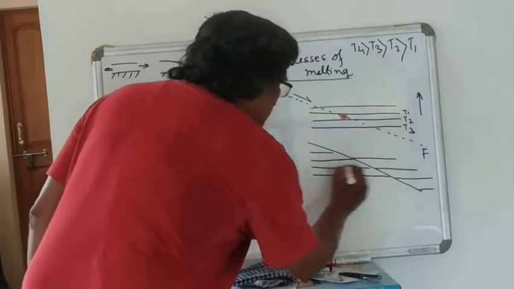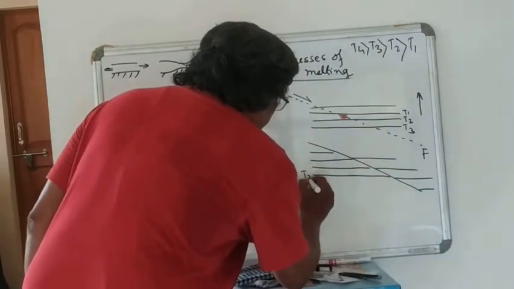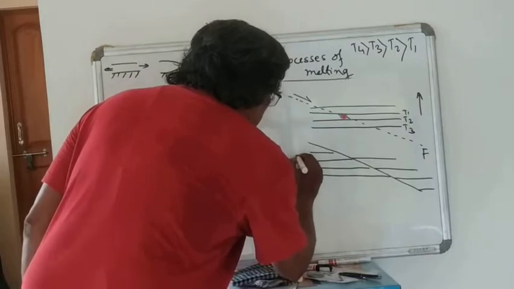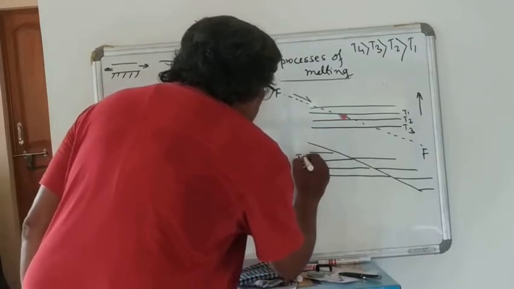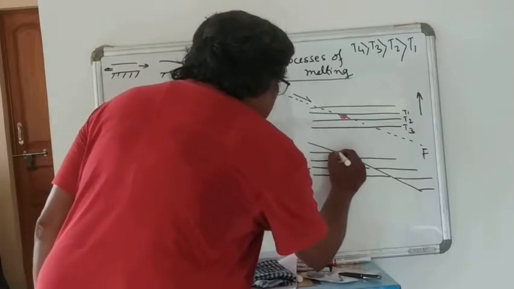Say this one at that time was T3, T2, T1, and this was the surface, remember?